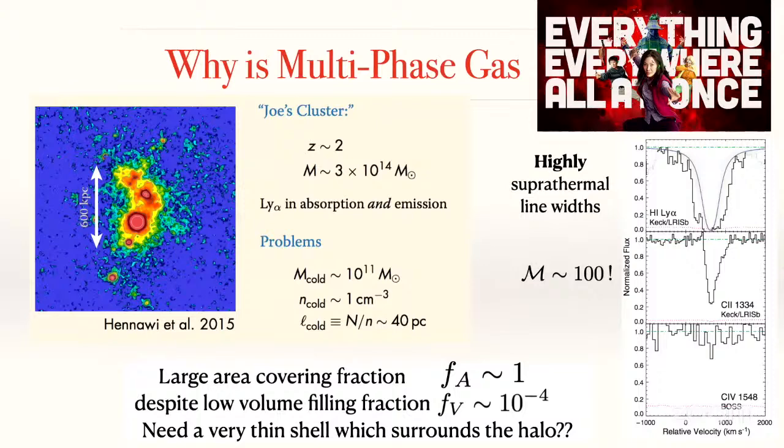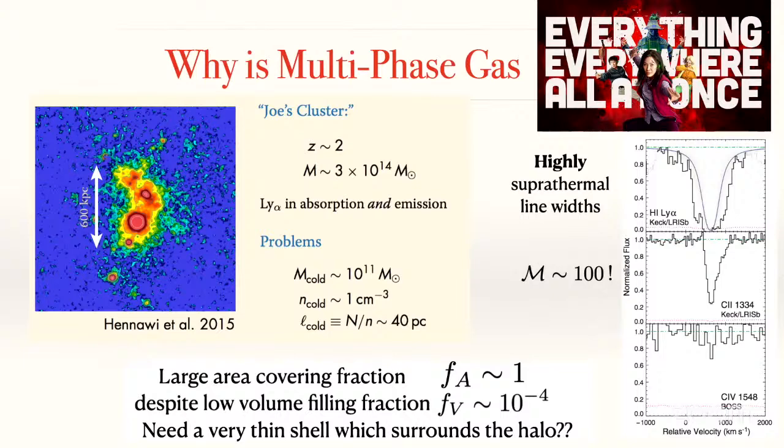You have stuff where you know the gas is very overdense because you see it in emission, and you need a certain density to produce a certain surface brightness. And if it's 1,000 times overdense, the most volume filling fraction you can get is 10 to the minus 3. And if the cold gas is only a fraction by mass, then it's going to be smaller. So you have something that by volume is tiny, and yet by area covers most of the halo.